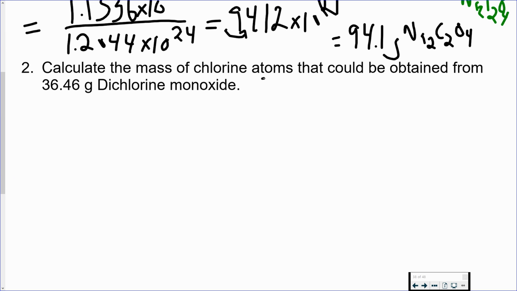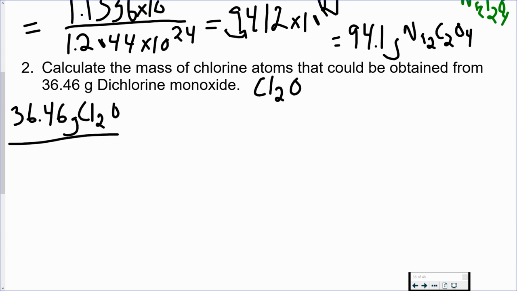So that is Cl2O, di standing for 2, mono being 1. So we'll start out with 36.46 grams of Cl2O over 1. We're going to get to moles real quick using mole Cl2O over grams of Cl2O.